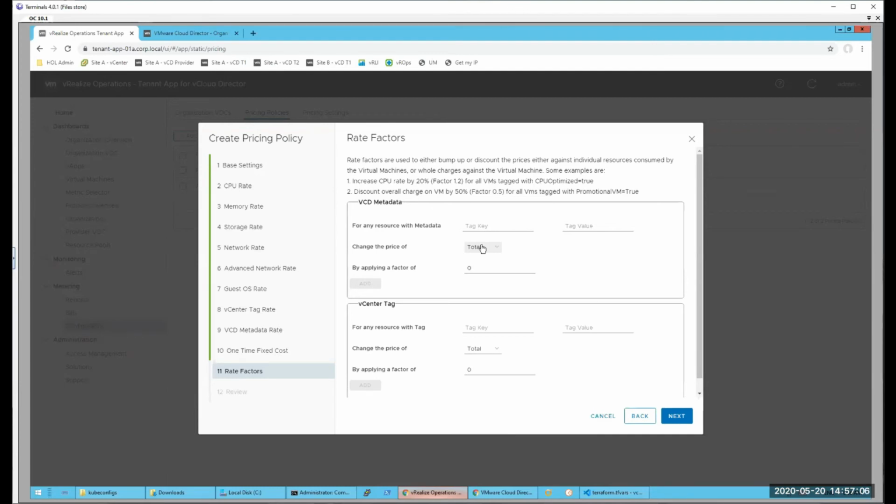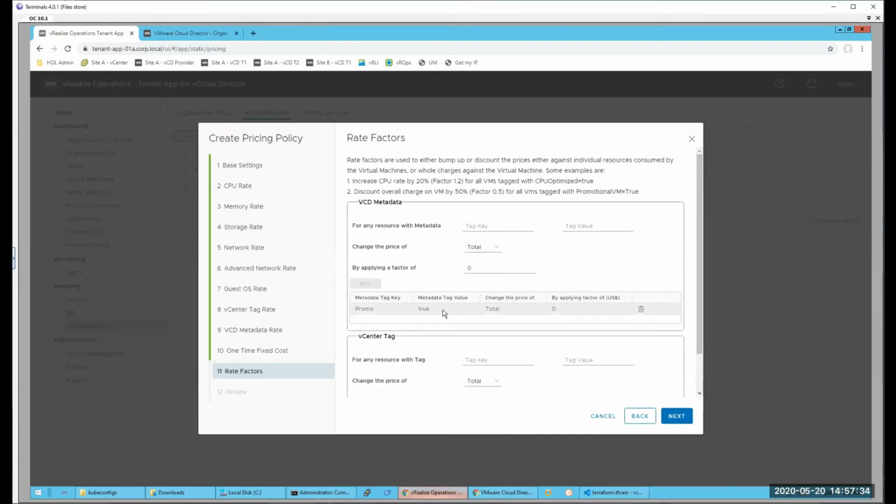You will tag all VMs that you want to provide on promo using a metadata called promo equal to true for the first 3 months, and then remove that metadata. What you will do here is say, if promo equal to true, then apply a factor of 0 on the total price. What this means is after the total price is computed, you multiply it by 0, essentially turning the price of the VM to 0, right?